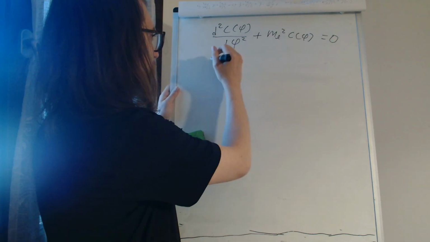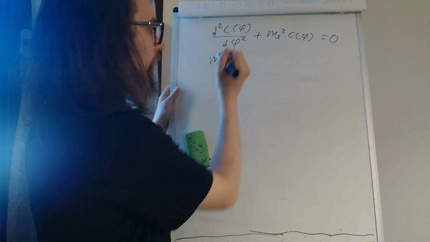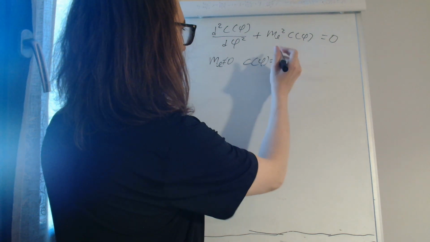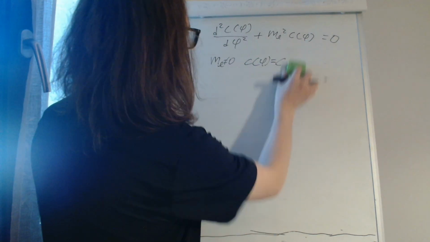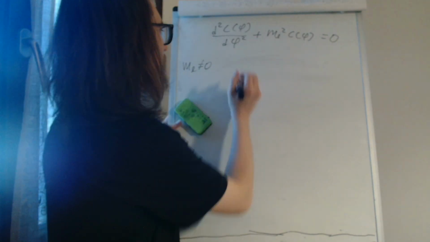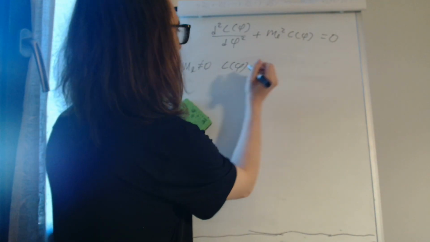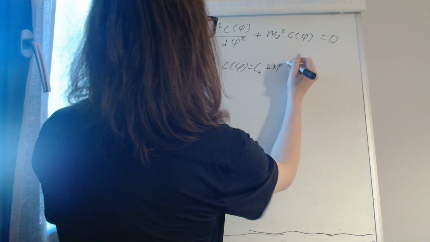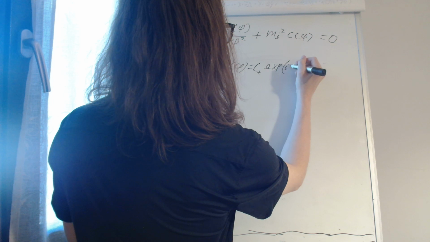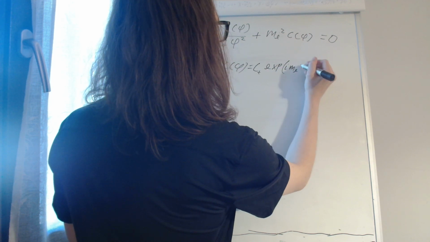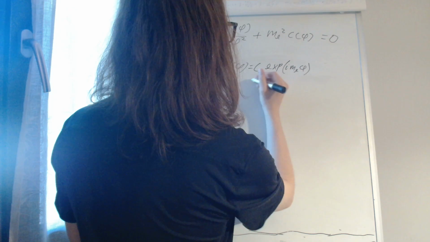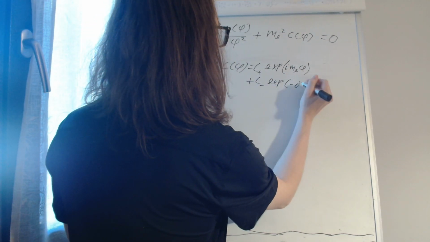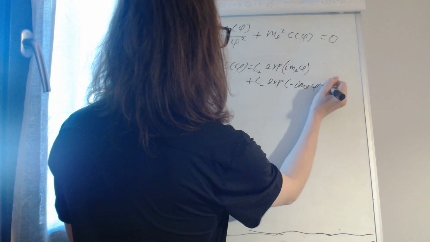When ml is different from 0, it has a general solution: Φ of phi equals a constant C plus, exponential of i ml phi, plus a constant C minus, exponential of minus i ml phi.